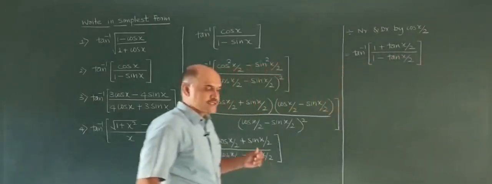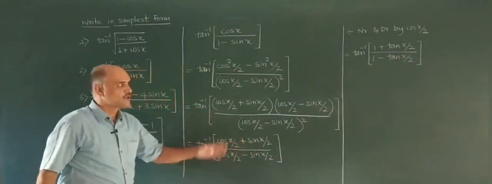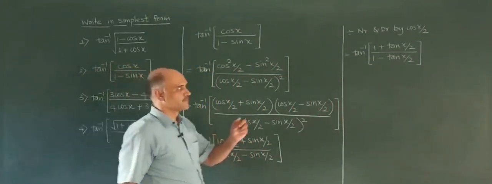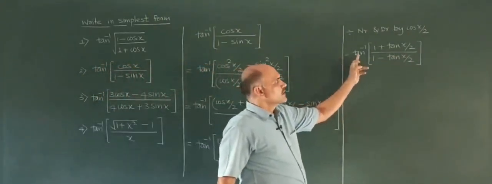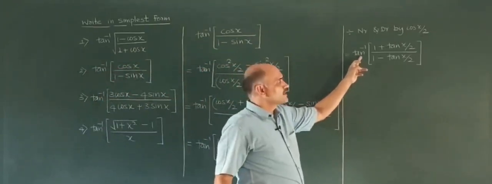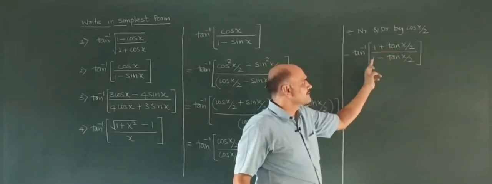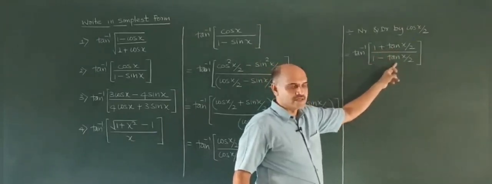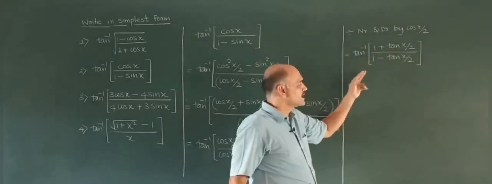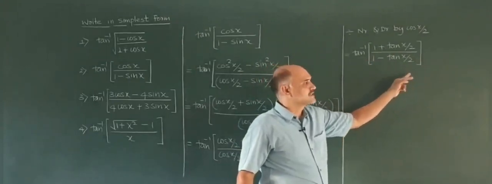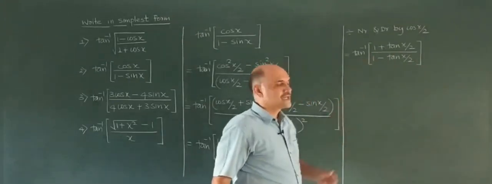Is it clear? So divide numerator and denominator by cos x by 2. Now in the last video you might have seen tan inverse of x plus y divided by 1 minus xy. It is the formula for tan inverse x plus tan inverse y. You can apply that formula.